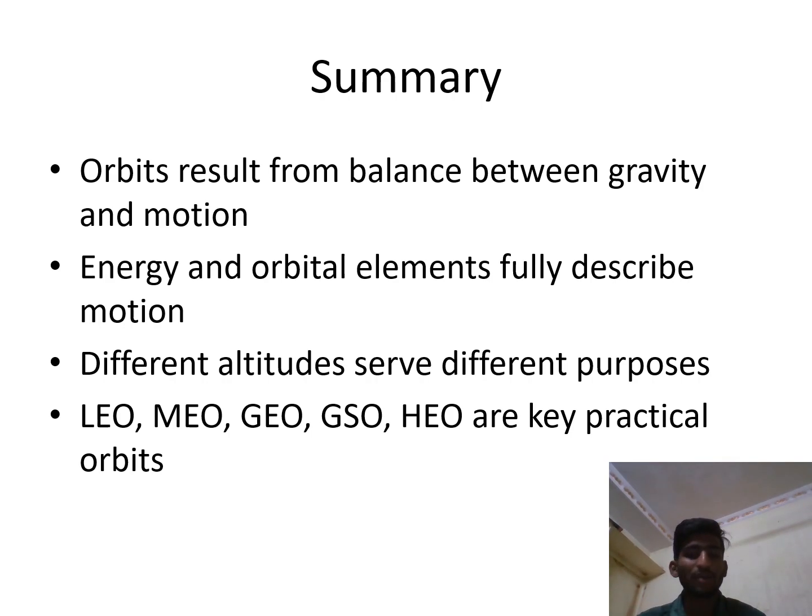In LEO maybe 50 to 100 satellites are there, and HEO has very few satellites. HEO is a highly elliptical orbit, so you don't use that many satellites. Maybe 10 satellites are in that orbit.